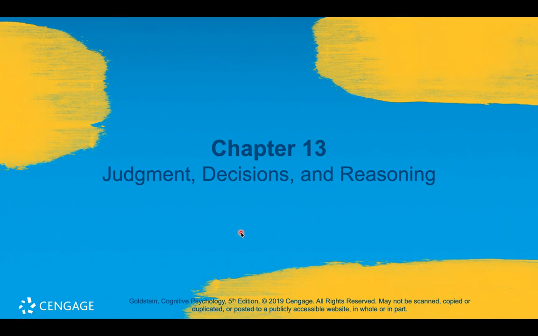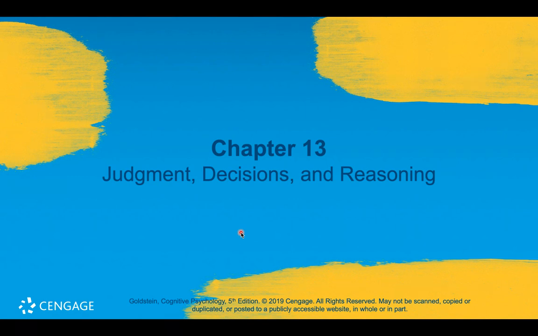We started our discussion with the brain and sensation and perception and attention and memory, these very foundational or fundamental areas of cognitive psychology. And we've built all the way up to this chapter where we're now investigating the way that people make decisions in the real world.